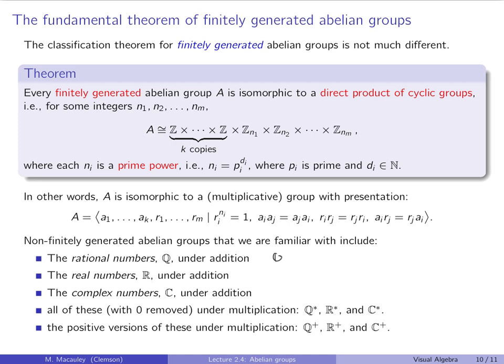So the rational numbers under addition, sometimes we write this just for emphasis, is generated by, well, you need a 1/2, but then you need a 1/3, but then you need a 1/5. You need this for every prime. You need 1/7, and then a 1/11.